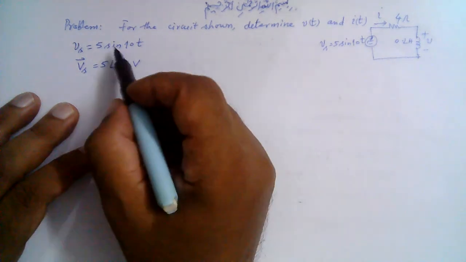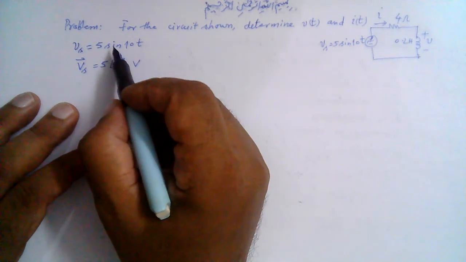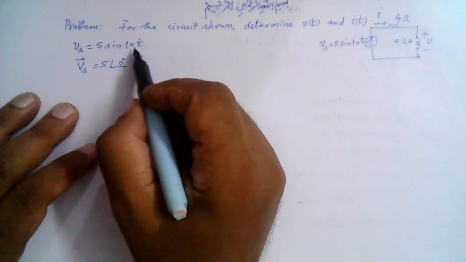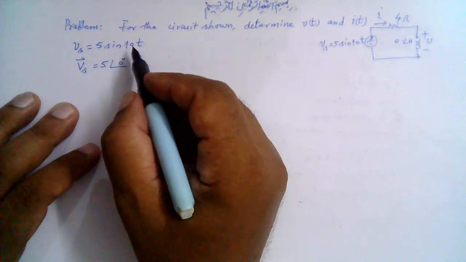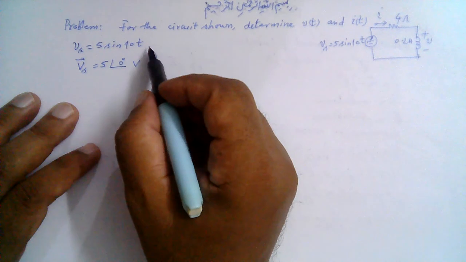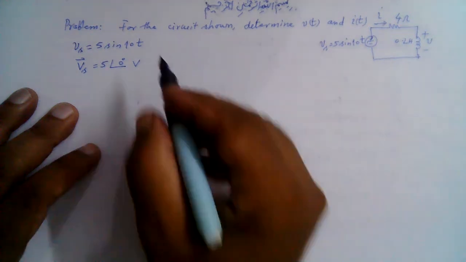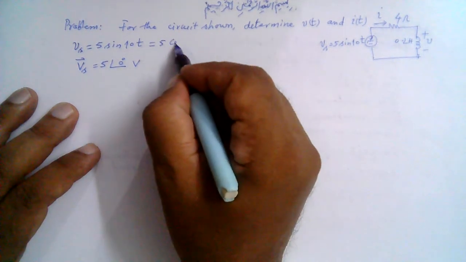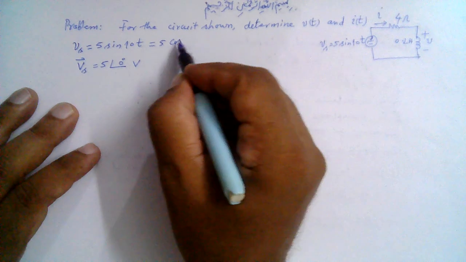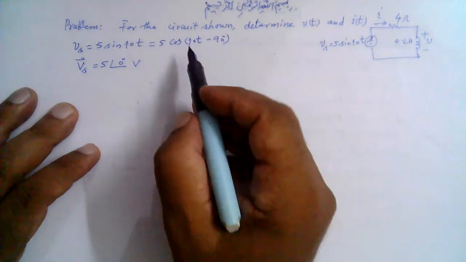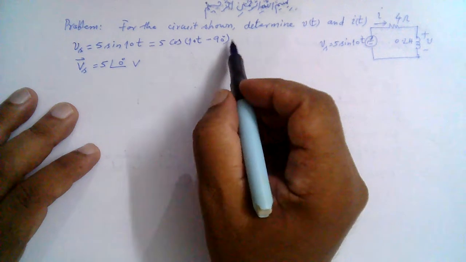So we are using this sine function, I'm repeating, as the base here instead of first converting into the cosine function. If we first convert into the cosine function, it will be 5 cos(10t minus 90 degrees), and the phasor form will be 5 angle minus 90 degrees, right?